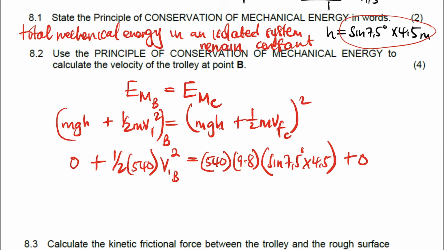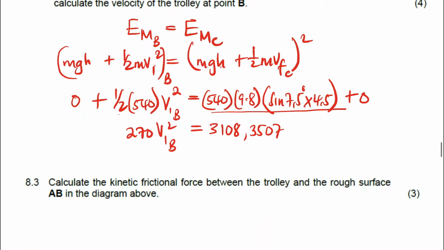So half times 540 is going to be 270 times initial VB squared, and then we'll be left with this. So when I punch that in the calculator, that will be 3,108.3507, and then we divide by 270, and then we put the square root.